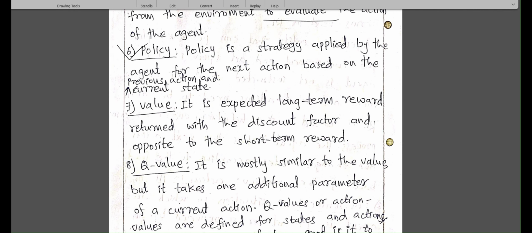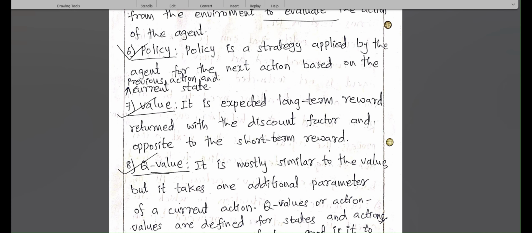When we talk about the value and Q value, they play a major important role in RL. The value function is denoted as V of S, which represents the expected cumulative reward an agent can obtain by starting from a particular state S and following a policy pi. In other words, it estimates the value of being in a specific state, whereas the Q value function represents the expected cumulative reward an agent can obtain by starting from a particular state S, taking a specific action A, and following a policy pi.